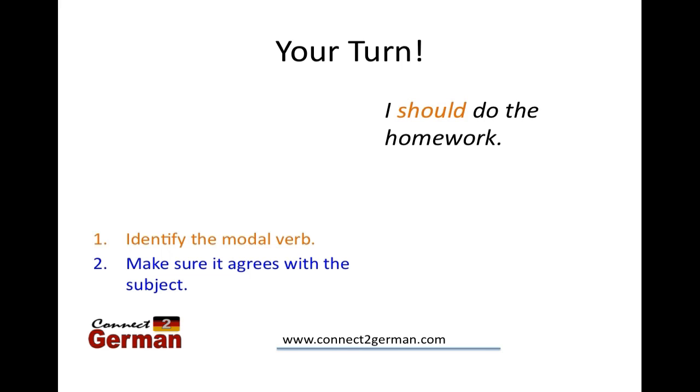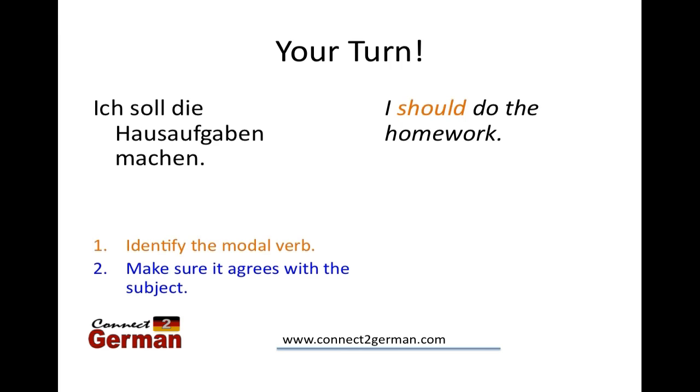And we need to make sure that once we identify what that modal verb is going to be in German, it's going to agree with the subject of the sentence. So here's the sentence you should have come up with. Ich soll die Hausaufgaben machen. Our helping verb, soll, highlighted in orange, does in fact agree with the subject. Ich soll.